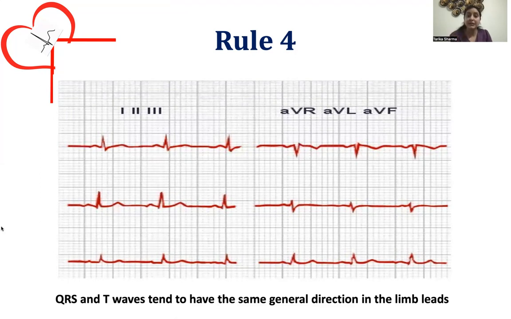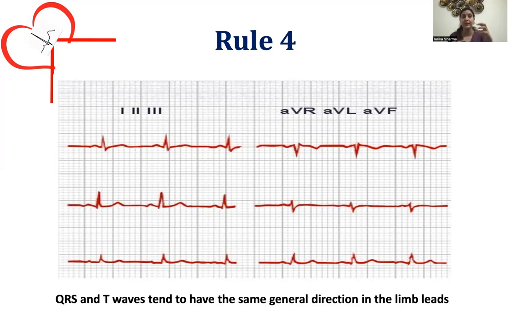So आपकी इन 6 की 6 leads में there should be QRS and T wave concordance. Concordance means अगर QRS आपका upright है, positive deflection है, तो T भी upright ही होना चाहिए. और अगर आपका QRS negative deflected है, तो T wave भी negative deflected ही होनी चाहिए. It means they are in concordance with each other.